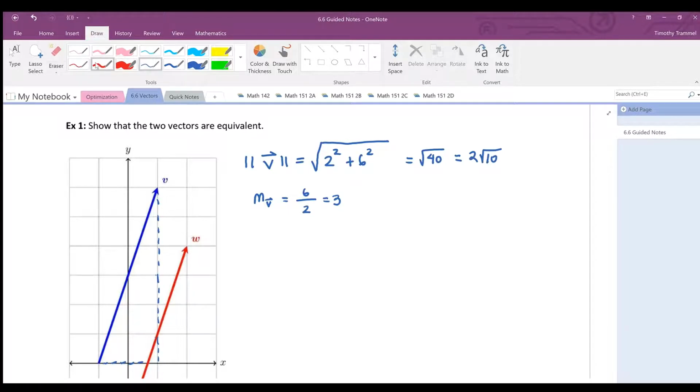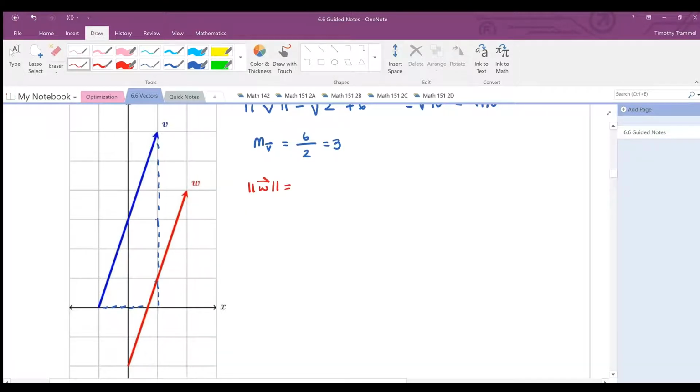Now let's go ahead and do the same thing, but with w. So the magnitude of w. If we look at how long the base is, we can actually see it's the same length as the base of v. And the height is also 6.